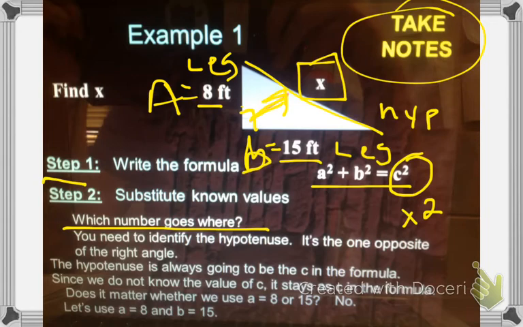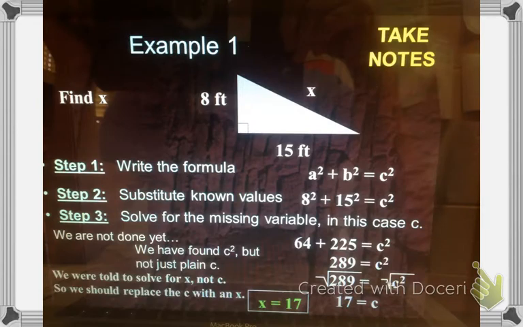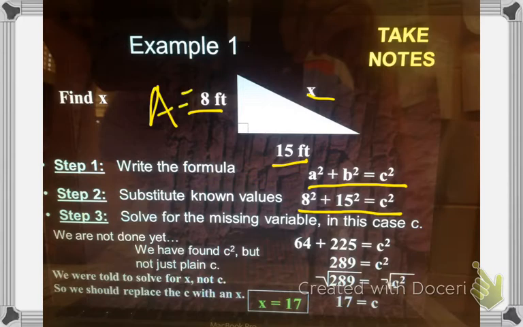Now on the next slide you'll see how to do step 3. This is the same exact example, example number 1, same everything, except I've written the formula and substituted my known values. I said that this one was going to be A, and this one was going to be B. Then I have to solve for the missing variable.